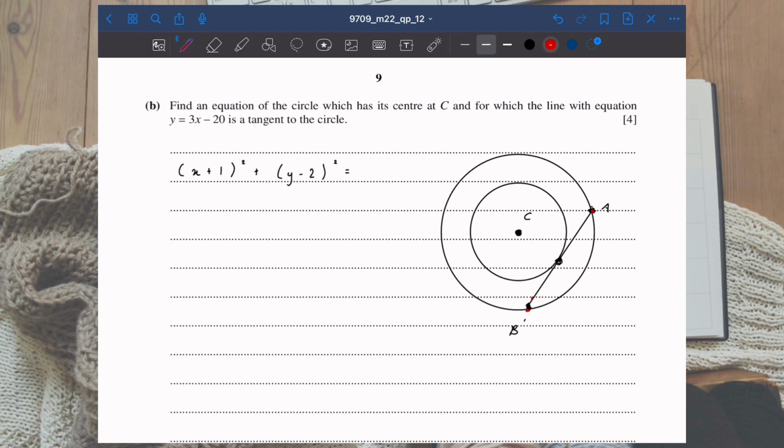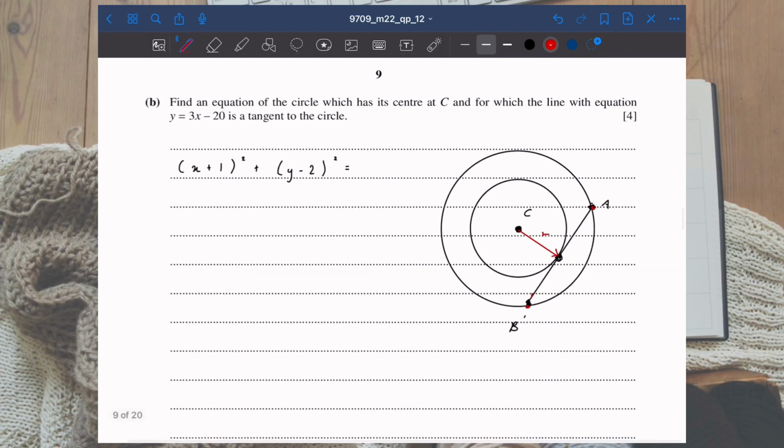But if you notice, our new circle will have a new radius. In our original circle, when the line intersected at points A and B, it was a longer radius. And when the line was only a tangent intersecting at one point, it has a new shorter radius.